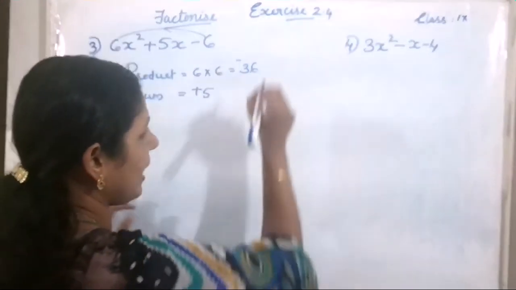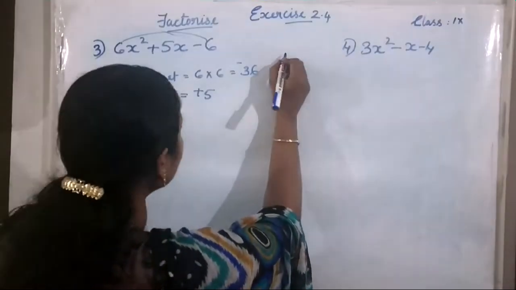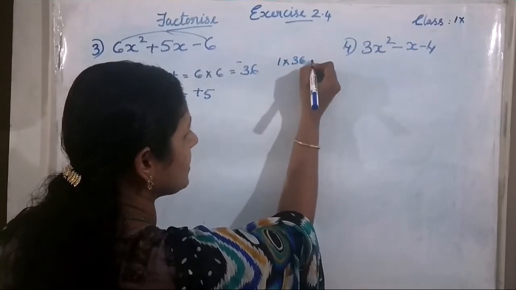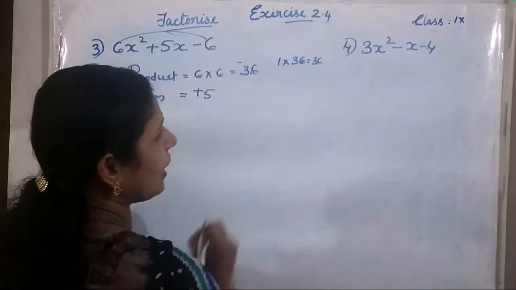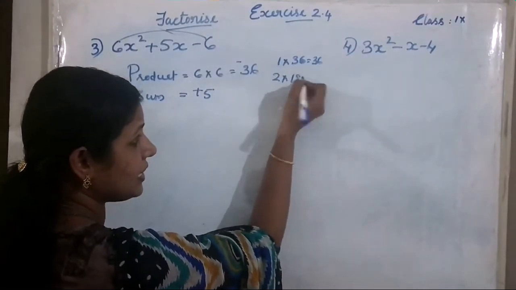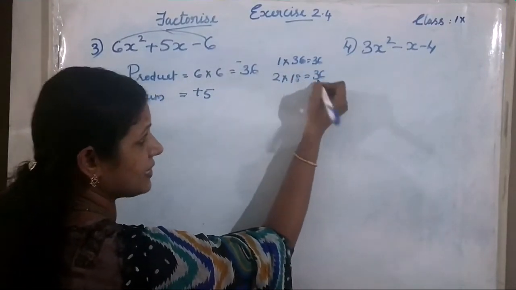Which numbers do we multiply to get this 36? Those numbers we first write here. 1 into 36 is 36. Now 2 into 18 is 36.